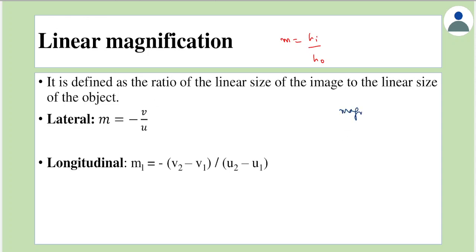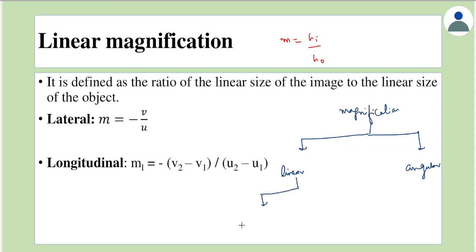Magnification itself is of two kinds: linear magnification and angular magnification. Now, linear is of two kinds.